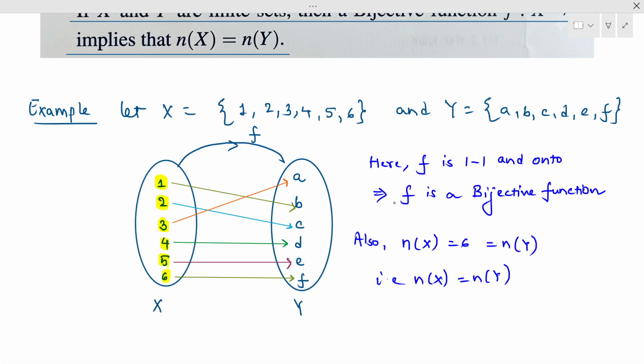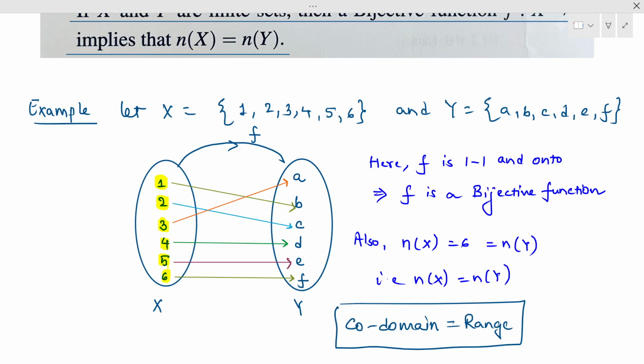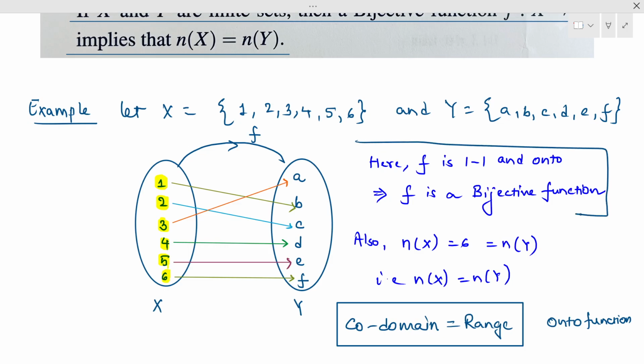Second thing is that for onto you check what's the codomain. The codomain is y and the range is also y. So the codomain is the same as the range. So this is the condition for the onto function. So clearly you can see that the function is 1-1 and onto, which means that the function is a bijective function, right?